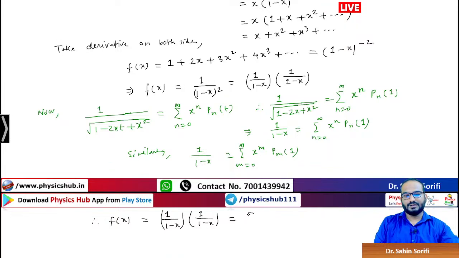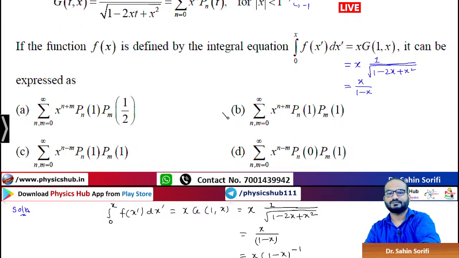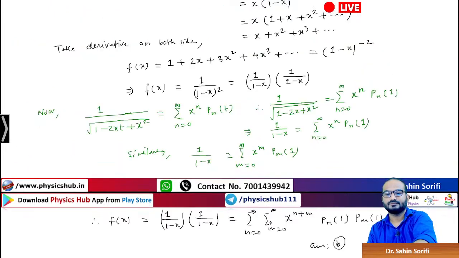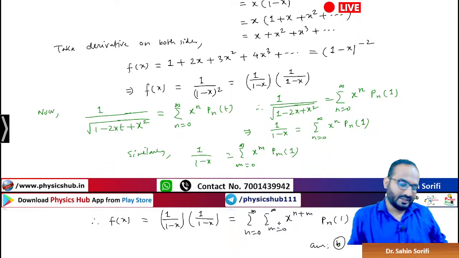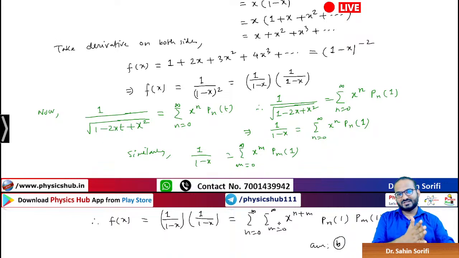So can you not write sum n equals 0 to infinity, sum m equals 0 to infinity, x to the power n plus m, so multiplication Pn of 1 Pm of 1, that is matching with option B. Tell me guys if you have understood this problem or not. Simple problem, you just need to do a little bit of adjustment.